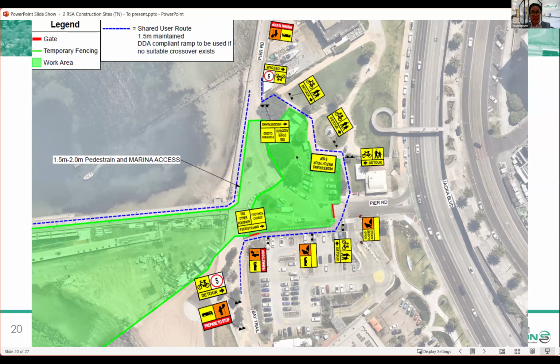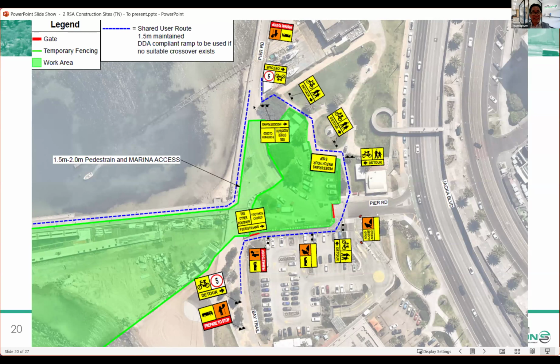So this one here is in St Kilda in Melbourne, but I can explain the context. The green area is the construction zone. On the left-hand side here is the St Kilda Pier, a very popular tourist attraction. They are doing a bit of a renovation.